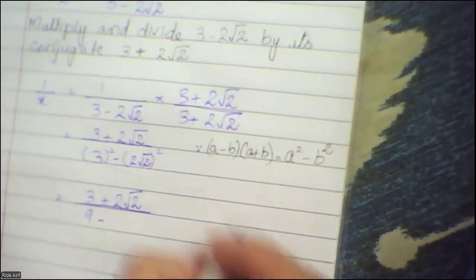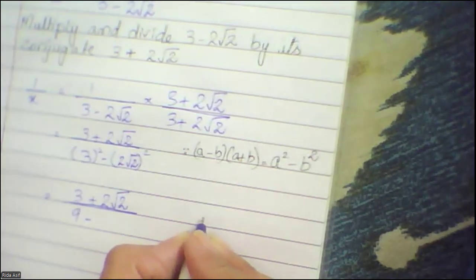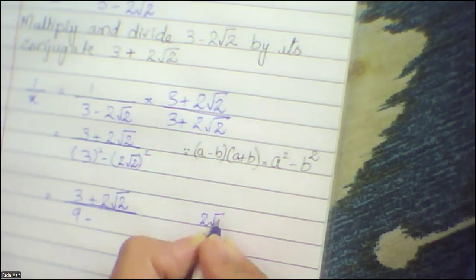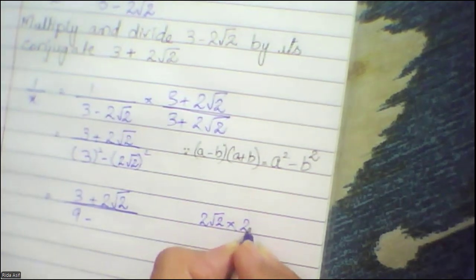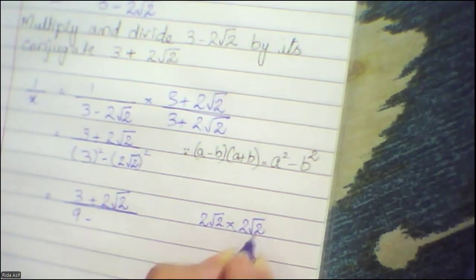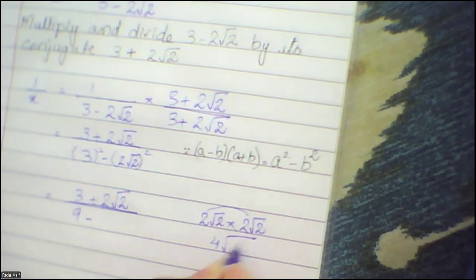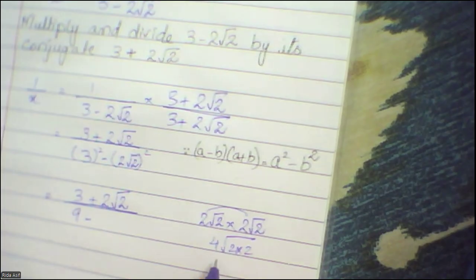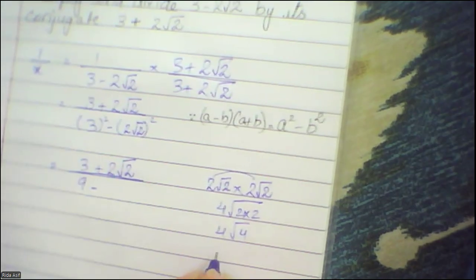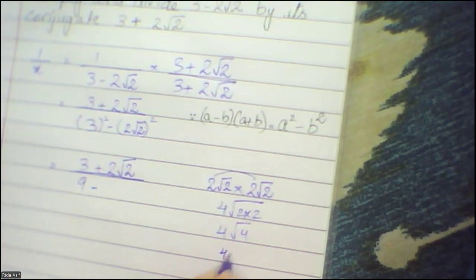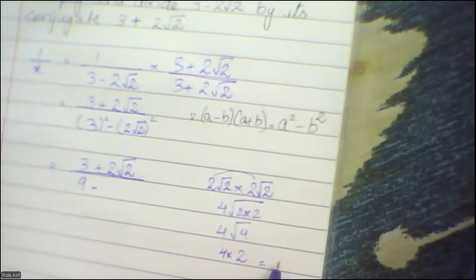Let's solve it here. 2 root 2 square means 2 root 2 is multiplied twice. 2 into 2 is 4, and root 2 into root 2 is root 4. Root 4 gives you 2, since we know that the square root of 4 is 2. So we get 4 into 2, that is 8.